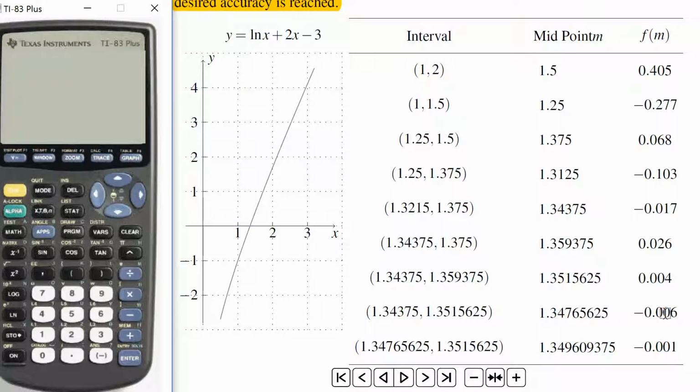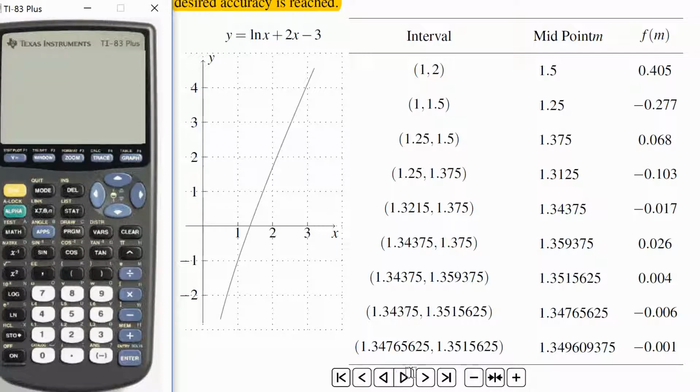You see, when you plug in this middle value of this interval, this number is quite close to 0. So you may claim this is the approximation of the 0 point of this function, or the root of the corresponding equation.